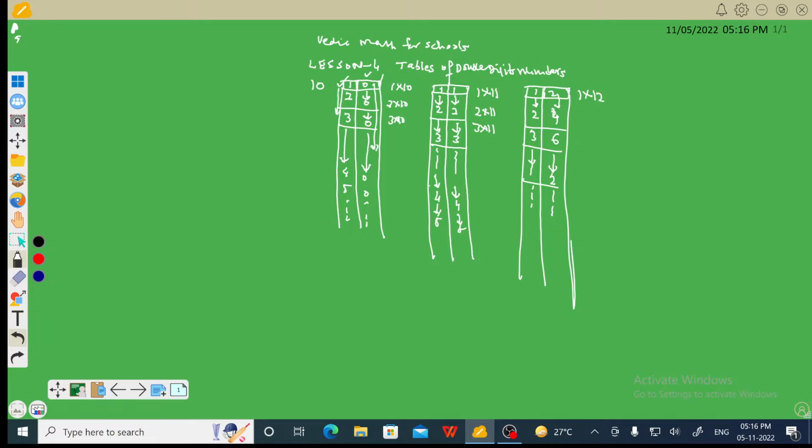In 11, the first column is also having digit 1, and second column is also digit 1, and so in both columns there is a sequential increase of 1. In case of 12, in the first column there is increase of 2 at each step, and here there is increase of 1 at each step.